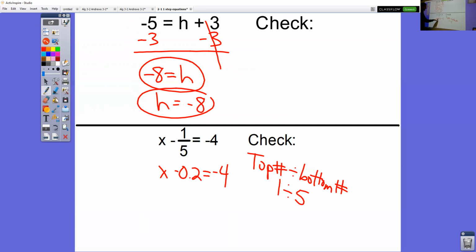So I have x minus 0.2 equals negative 4. To get rid of that minus 0.2, I'm going to do plus 0.2 and plus 0.2. Bring down your x, bring down your equal sign. Negative 4 plus 0.2 gives you negative 3.8.